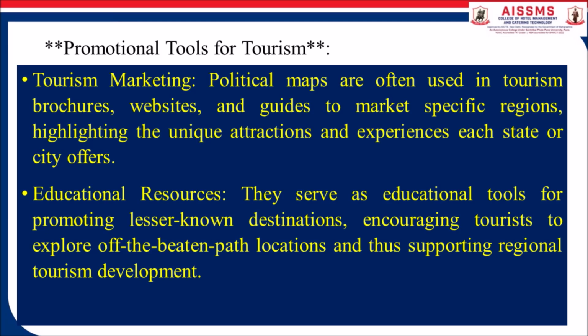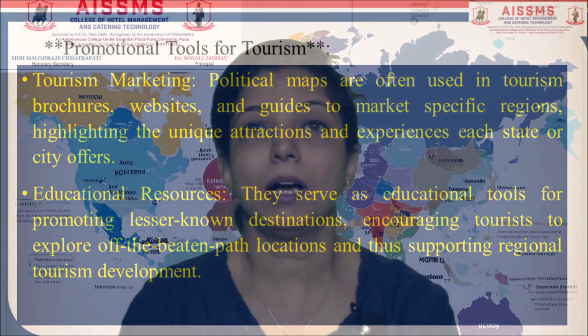These maps can be used to make tourism brochures and guides. Let's say the political map of Kerala is prominently featured in tourism brochures and guides. They mark the boundaries, the major cities and tourism attractions, making it easier to understand the potential customer.